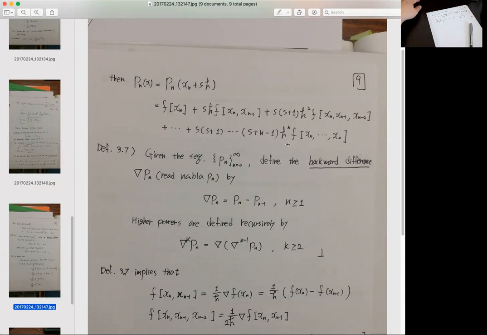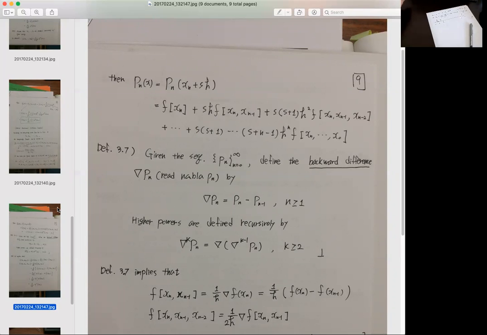For the backward difference formula, we're going to use the gradient notation, actually.